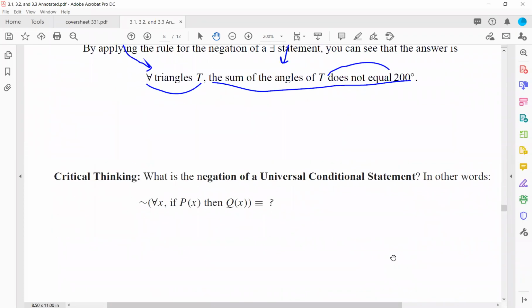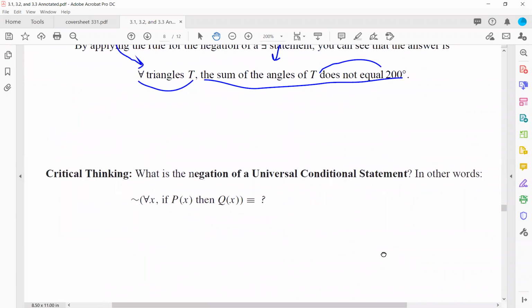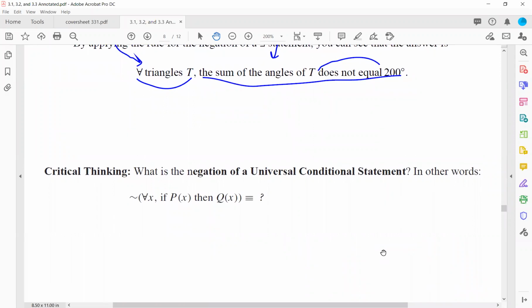Okay, critical thinking for you. What's the negation of a universal conditional statement? Here you have the negation of for any x, if P, then Q. Recall that if P then Q is equivalent to not P or Q. Remember that to negate a conditional statement, we cannot work with the original format.